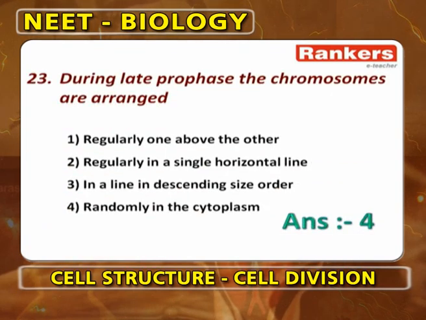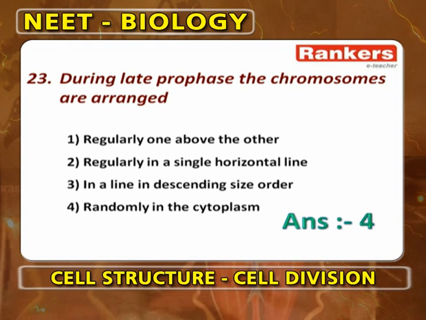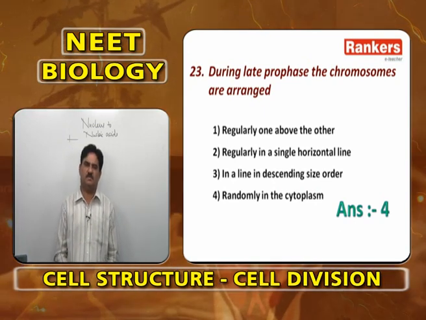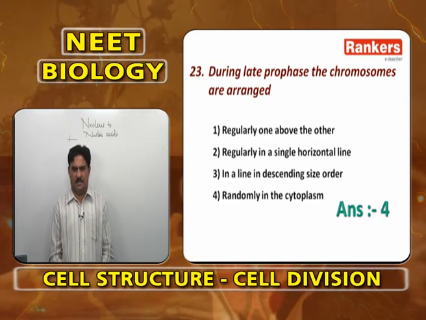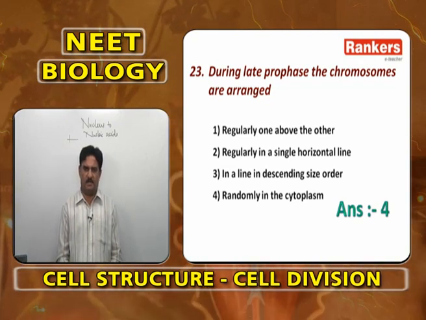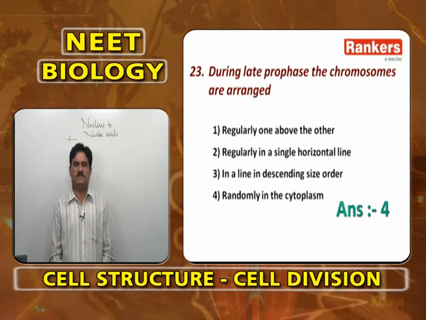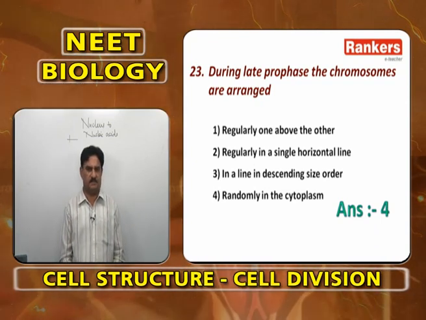During late prophase, the chromosomes are arranged how? Early prophase is known for the conversion of chromatin into chromosomes, containing one centromere, one chromatid, two arms. During mid prophase, the chromatid arm of each chromosome splits longitudinally so that every chromosome gets one centromere, two chromatids and four arms.